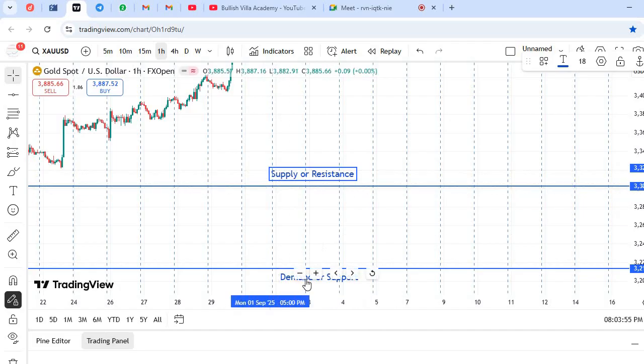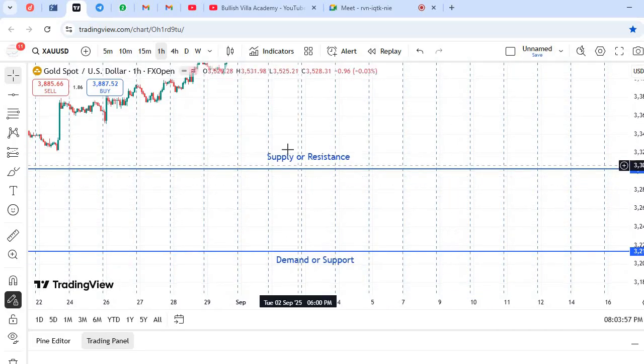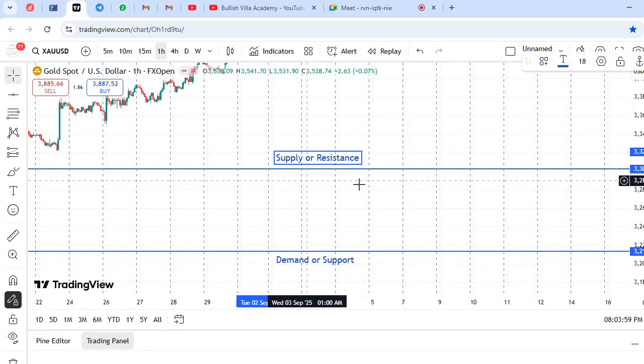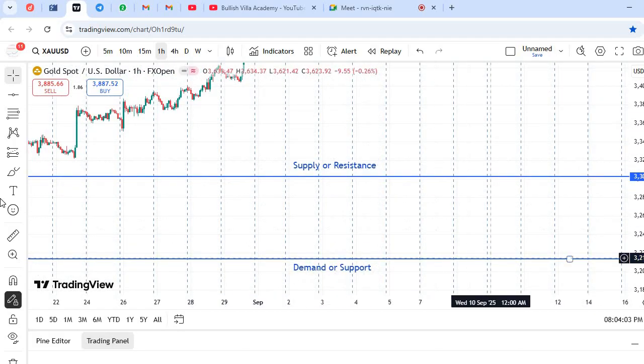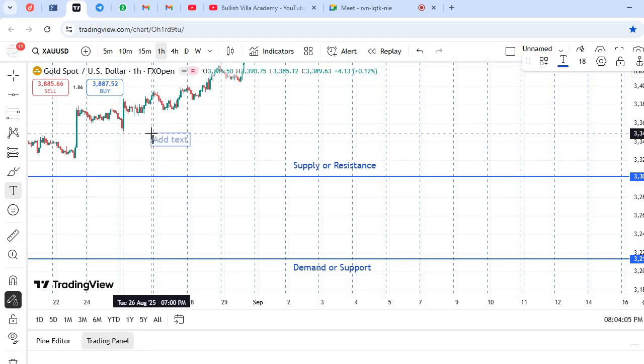So the one below is called demand, the one above is called resistance. Like I said, this is a consolidated or a ranging market. Please let's pay rapt attention to it.